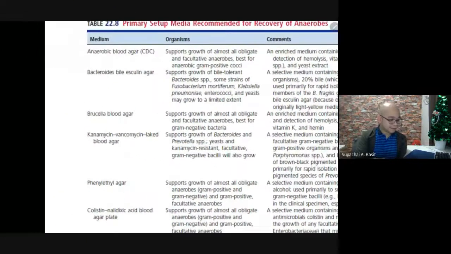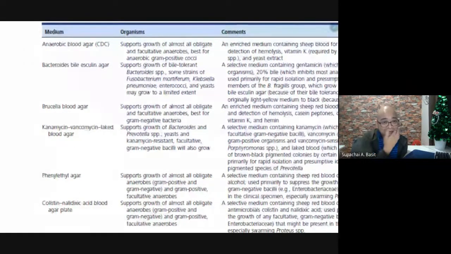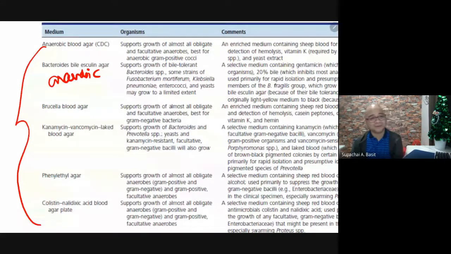Bacteroides bile esculin. What is KVLB? Kanamycin, vancomycin, laked blood agar. So, these are examples of anaerobic culture media.